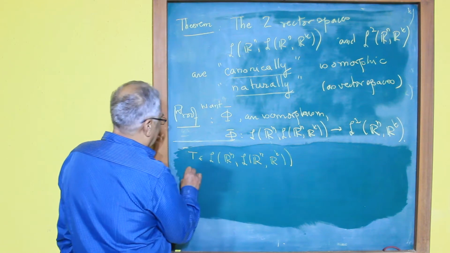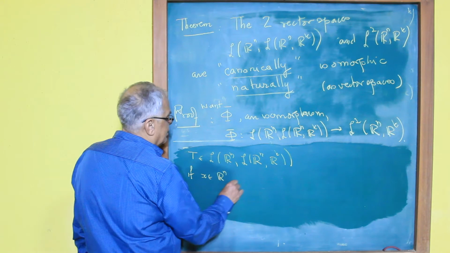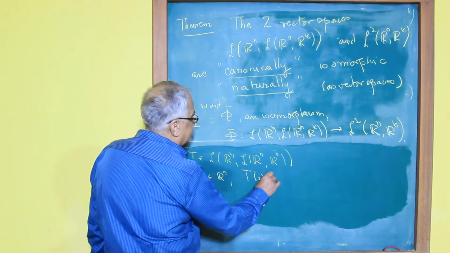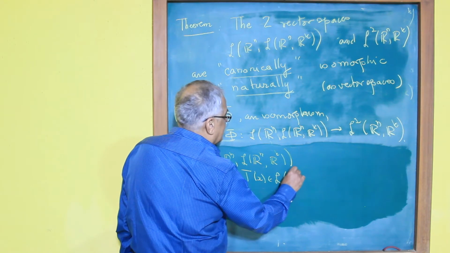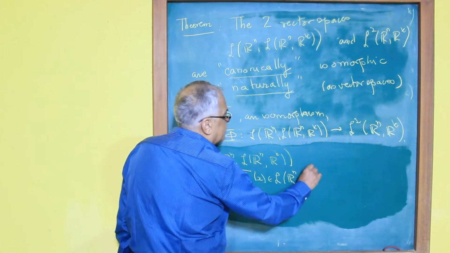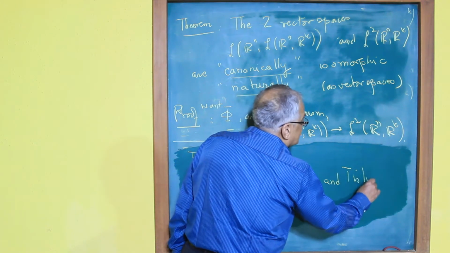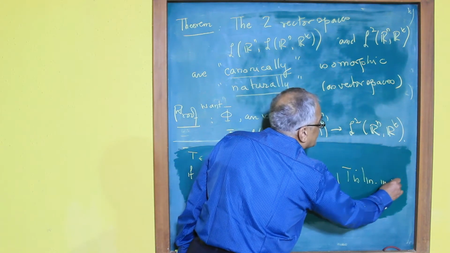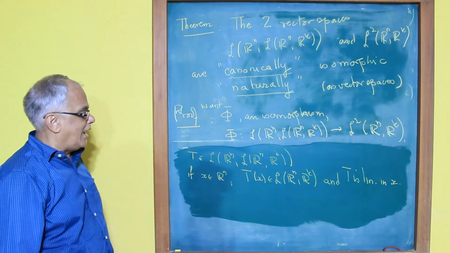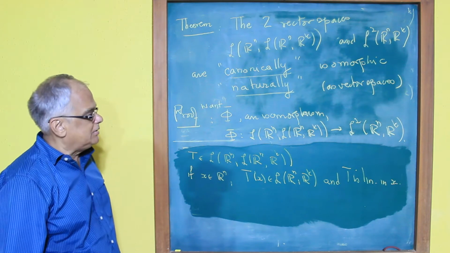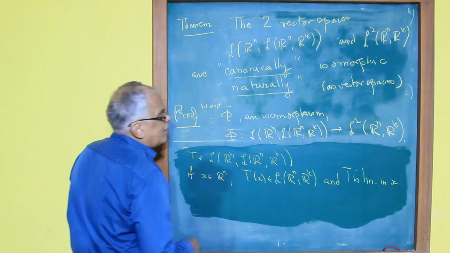This says that if x is in Rn, T of x is in L, Rn, Rk, and as a variable, T is linear in x. What does T of x in L, Rn, Rk say?